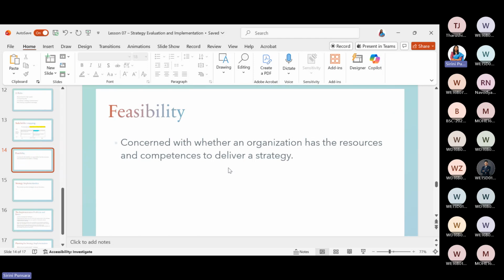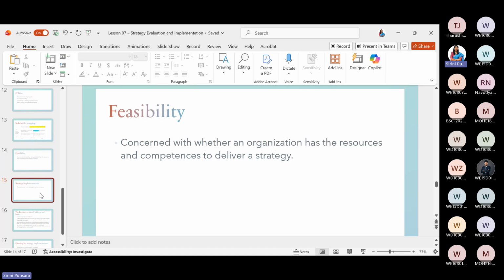There will not be any tools that we will be learning here, so just remember the meaning. So that all comes under strategy evaluation. Strategy evaluation means we are going to measure the effectiveness of strategies. To do that, we are using the SAF factors: suitability, acceptability, and feasibility. Then we have learned some tools under that.